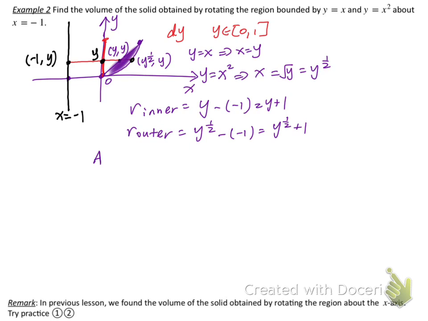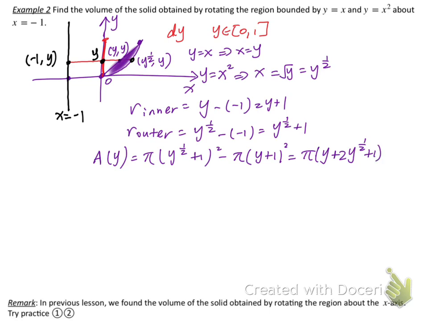Then, of course, your A of y this time will be pi times outer, y to the 1/2 plus 1, squared, minus pi times inner, y plus 1, squared. I'll do it anyway. Pi times (y plus 2y to the 1/2 plus 1) minus pi times (y squared plus 2y plus 1).